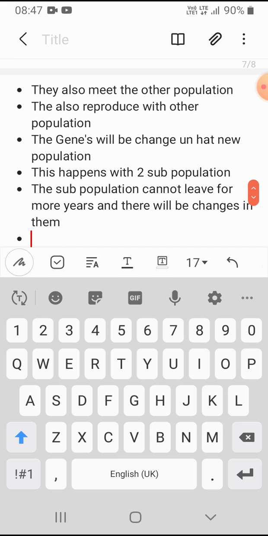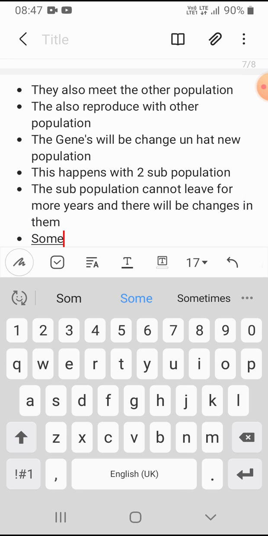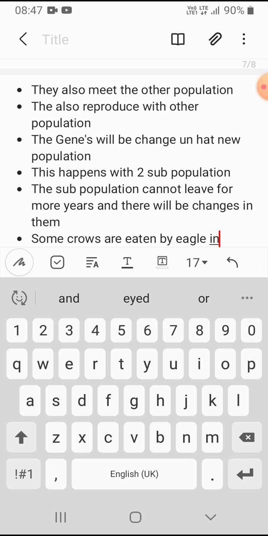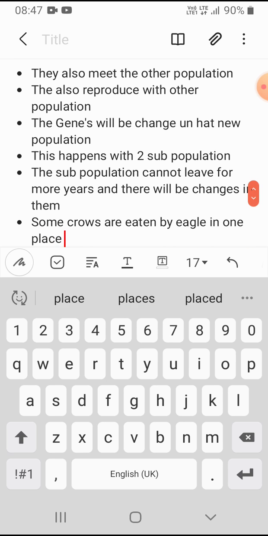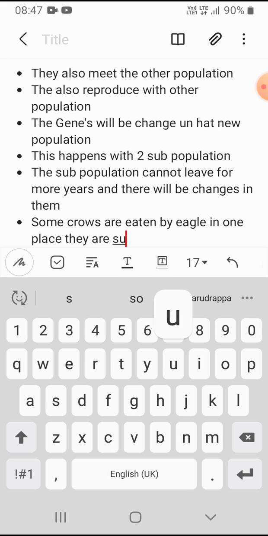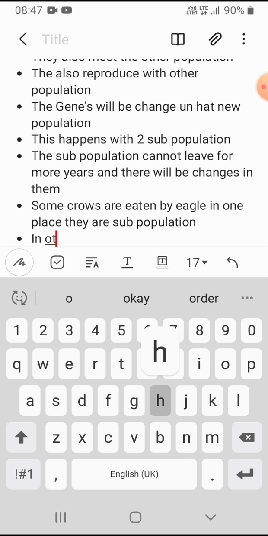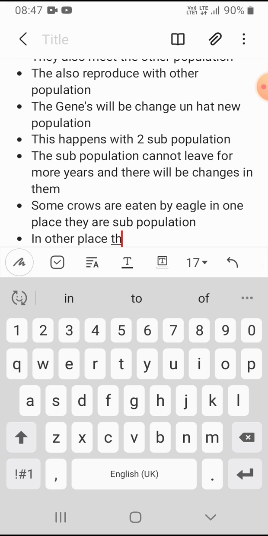So let's take an example, like some crows are eaten by eagles in one place, and they are a subpopulation of crows. In another place there are a high number of crows.